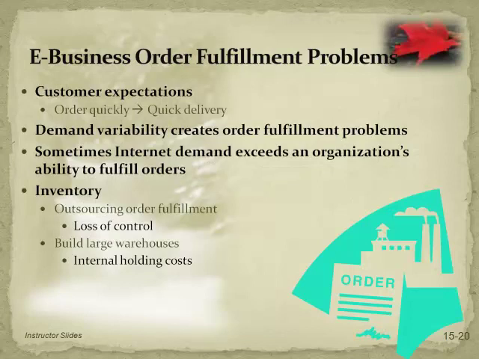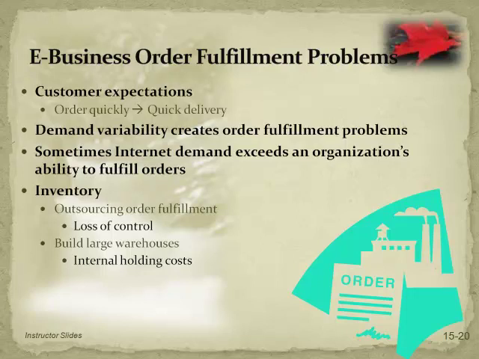Now, there could also be some difficulties with e-business, especially in the area of order fulfillment. If you have a small business and you have a website, there's a possibility that the amount of orders that you receive could quickly overwhelm your ability to respond to those orders.